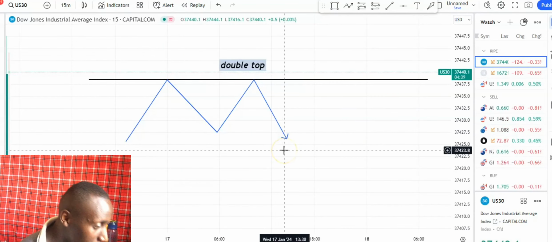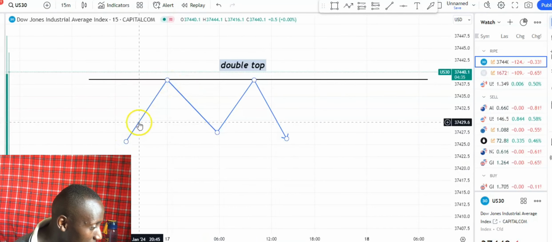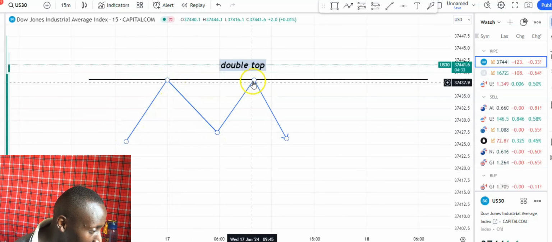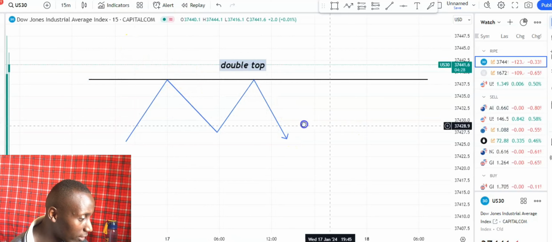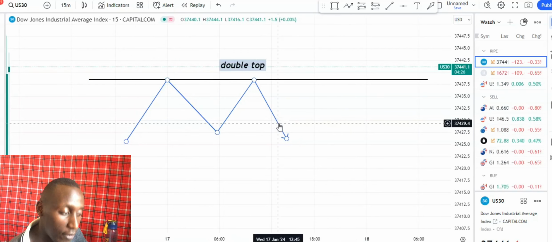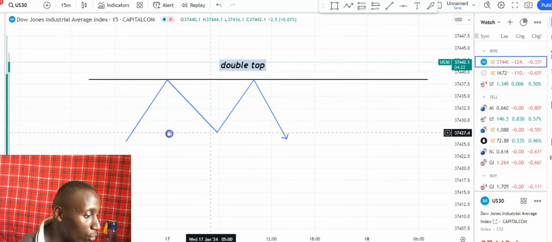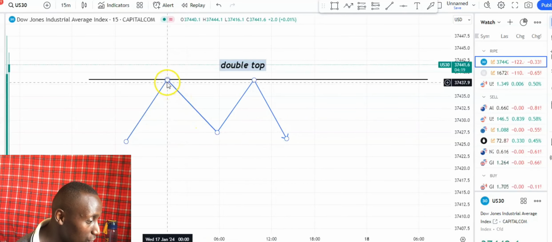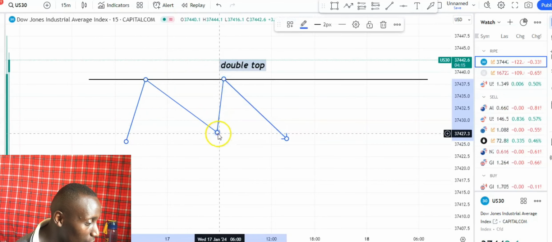Alright, so in simple terms, the double top is just a price action pattern that looks like this. Now, in order to understand what is happening, first things first, let's understand the different types of double tops and double bottoms. So we have the standard double top that looks like this.